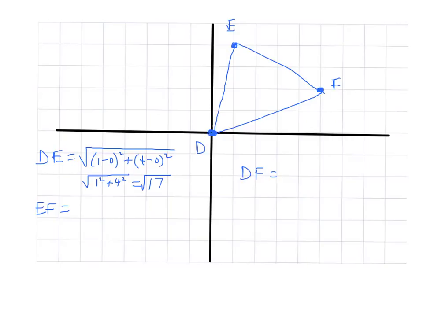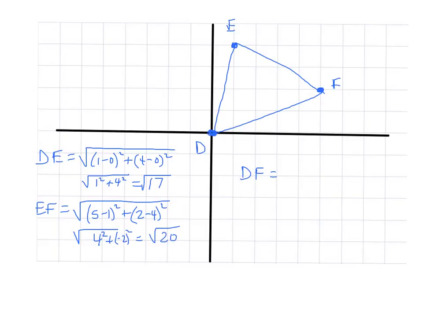EF. I go find the distance of EF. Here, square root. In this case, the distance of EF, I go (5 minus 1) squared plus (2 minus 4) squared, which in this case is 4 squared plus negative 2 squared, which 4 squared is 16, negative 2 squared is 4, 16 and 4 is 20.